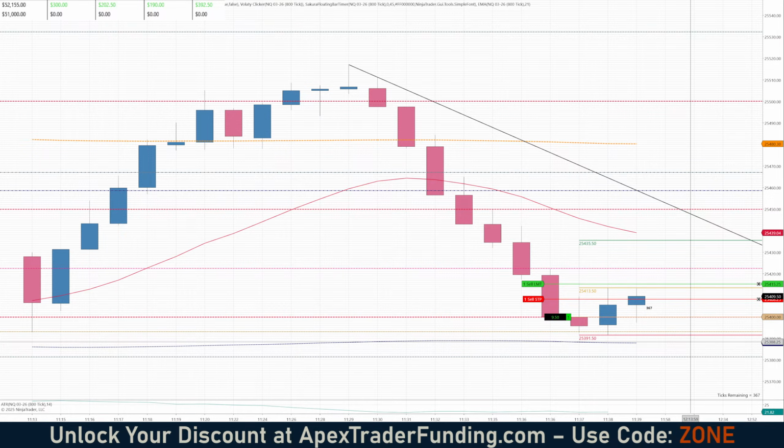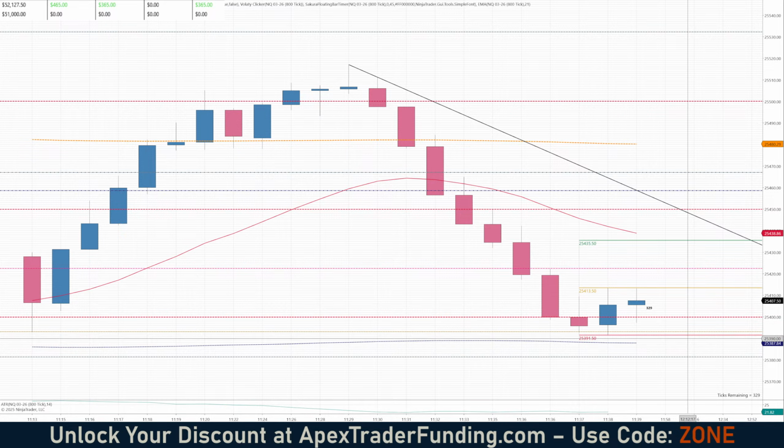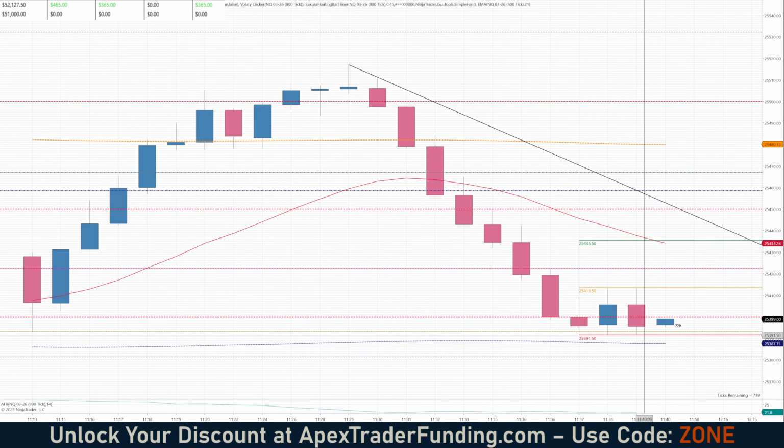Can we get the 15? No, but we got, how many points did we get? We got maybe 6 or 7 points on that one. And I'm glad my runner moved up. This is an annoying zone.